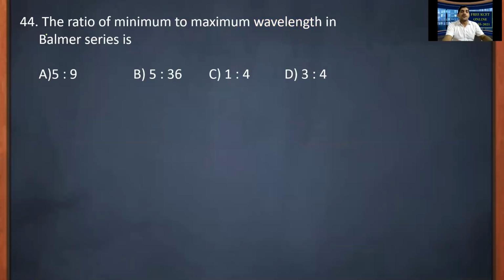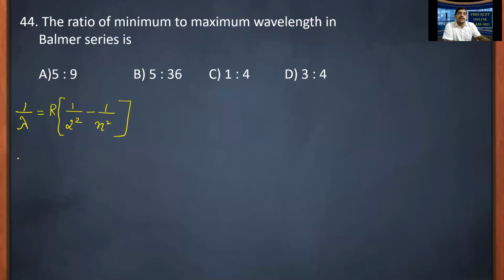Right. 44th. The ratio of minimum to maximum wavelength in Balmer series is. So we have the formula for the wavelength of a spectral series of Balmer. So straight away we'll write for the Balmer series, we have 1 by lambda equals r into 1 by n1 square, where n1 is 2. So we'll write 1 by 2 square minus 1 by n square. Correct? Balmer series, direct.